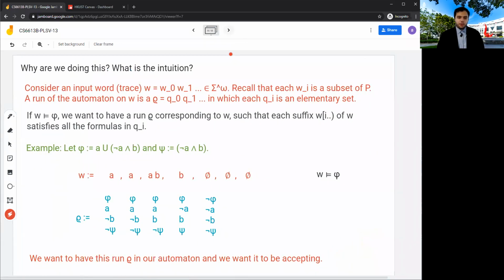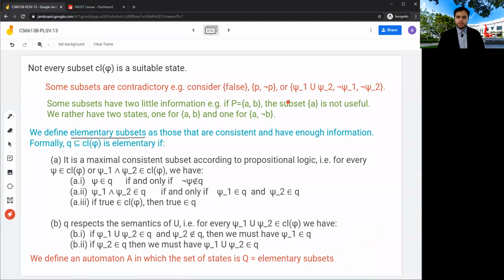But then I said that some of these states are just contradictory or don't have enough information, and I get rid of them. I defined what I exactly mean by that, and I said that I only keep the elementary subsets, which are the subsets that satisfy these good conditions. Okay, so we are doing the definition of our automaton, and we did the first step. Now we know at least what our set Q, what the states of our automaton are. And the states of our automaton are just these elementary subsets, okay?